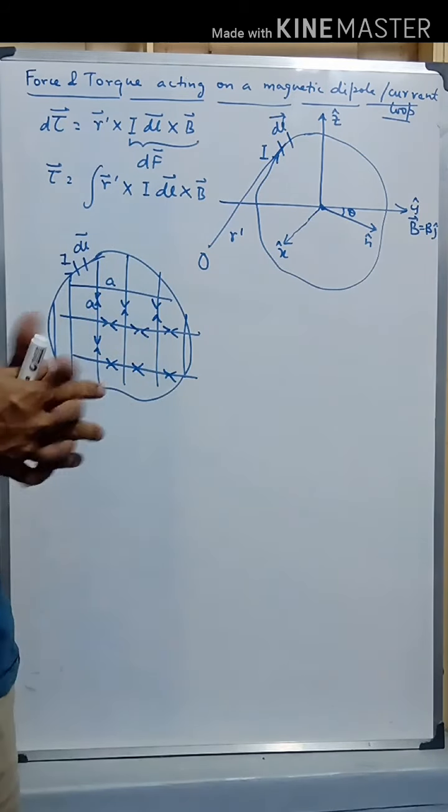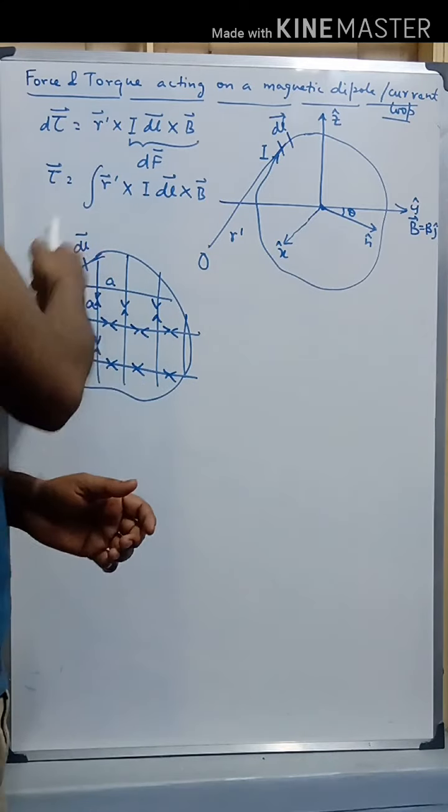The area of the loop would be the same as that due to the addition of all those individual elementary square loops.